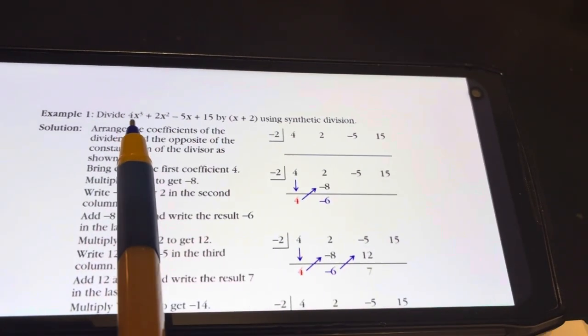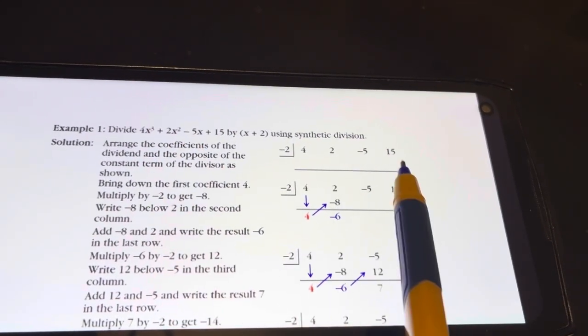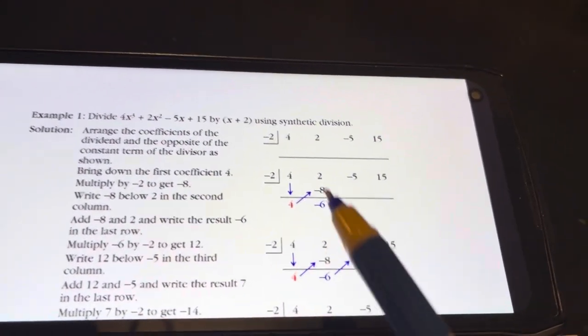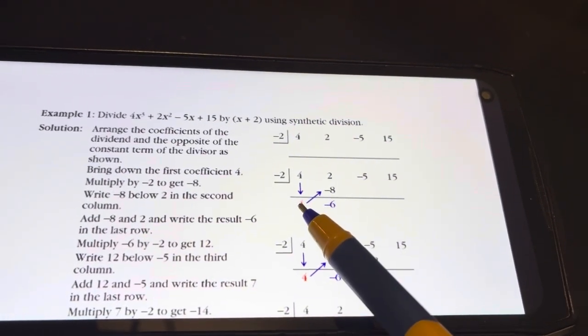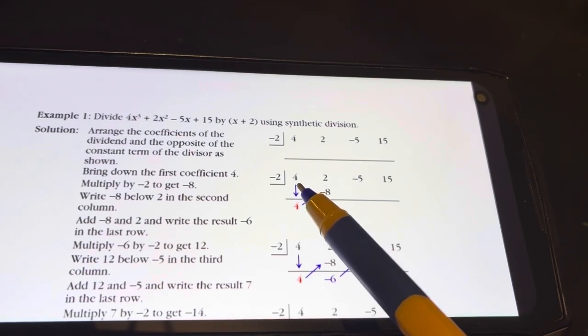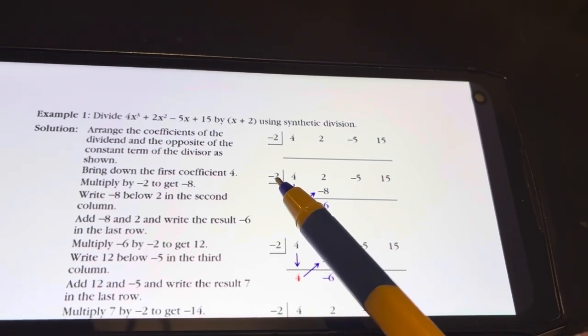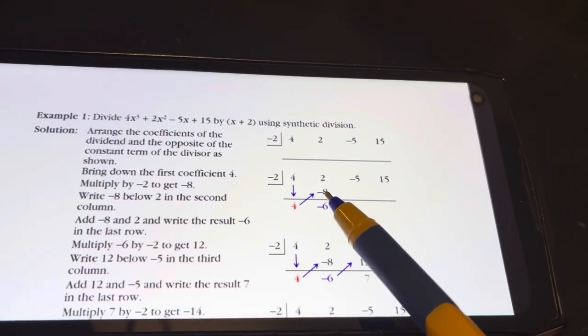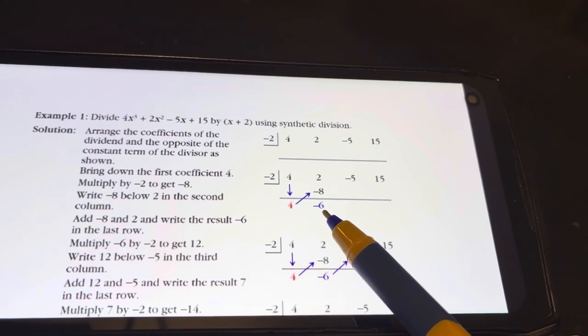This is the number in front of x cubed, this is in front of x squared, this is in front of x, and this is the constant. So what is the synthetic division? You will put the 4 down here. Then you multiply 4 times minus 2, which is minus 8. You put it here, and then you add: 2 minus 8 is minus 6.